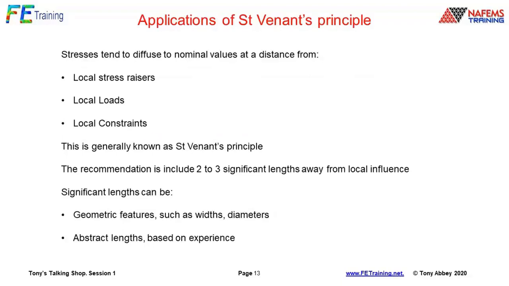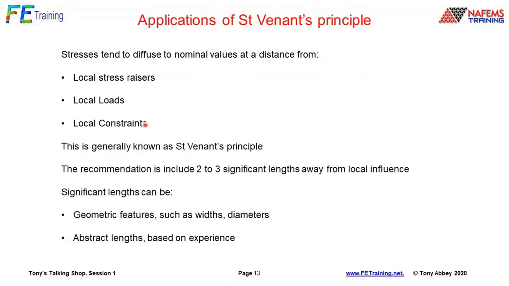So stresses tend to diffuse to nominal values at a distance from the local stress raisers, or local loads, I should say. That's the key thing that Saint-Venant picked up. But we can also say the same thing if I constrained one edge at a point, then away from that constraint, same kind of idea.